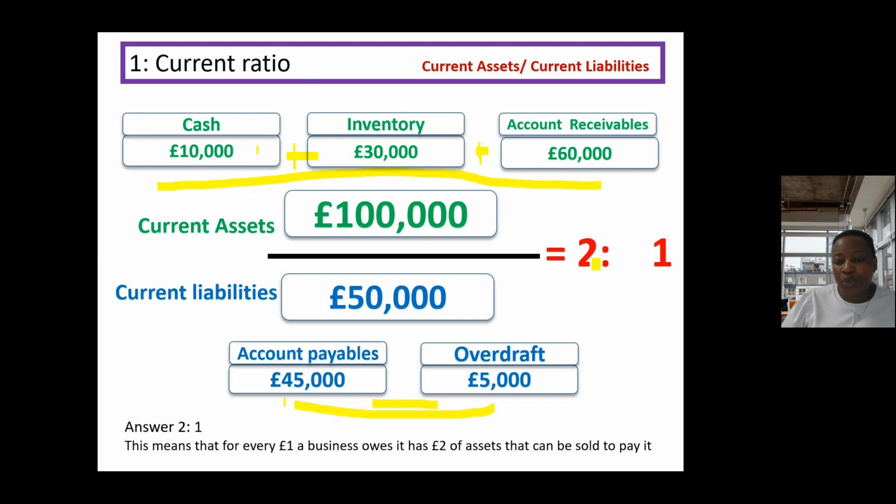So we have 2:1. What this means is that for every £1 that the business owes, we have £2 of assets that can be easily sold to pay the £1. So for every £1 that we owe to our creditors, we have £2 of assets that we can quickly convert to cash to make that settlement.